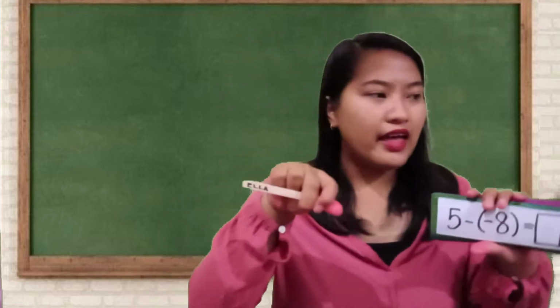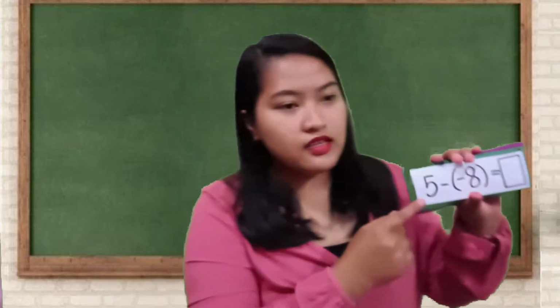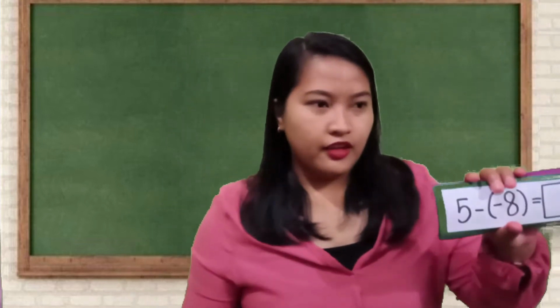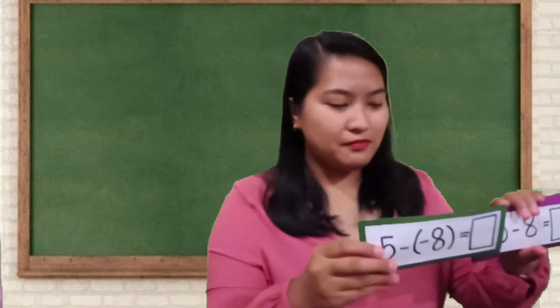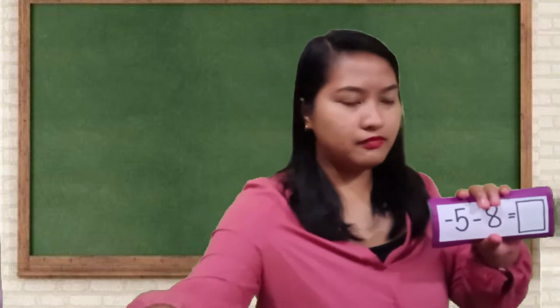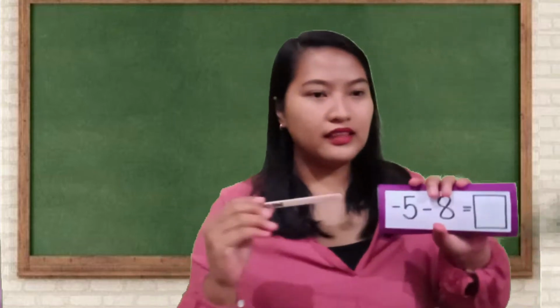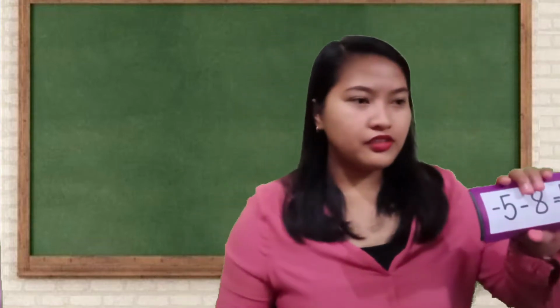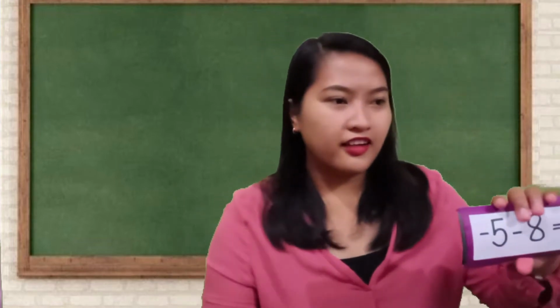Okay, let's have Ella. Ella, what is 5 minus negative 8? That's right, it is positive 13. Second, okay, let's have John. Yes, John, please read it first and say what would be the answer.